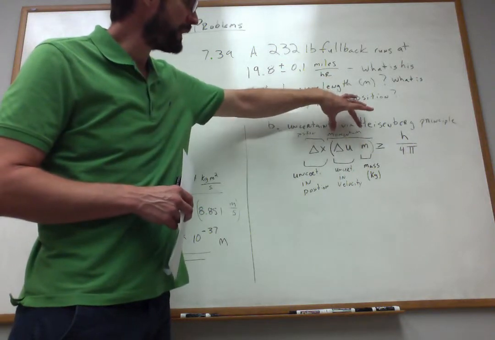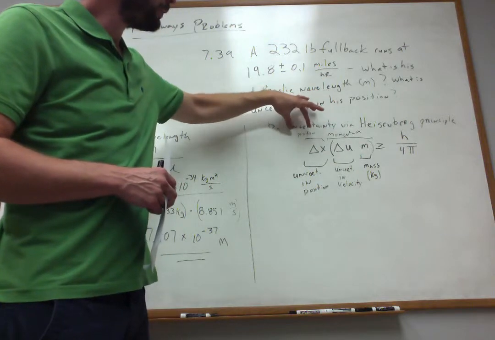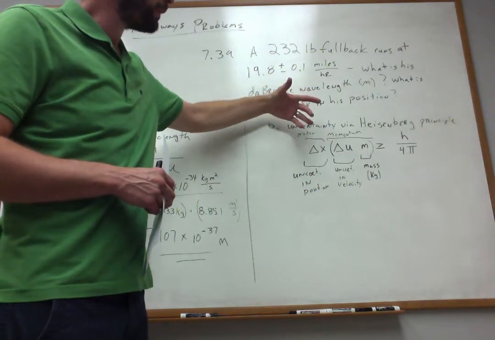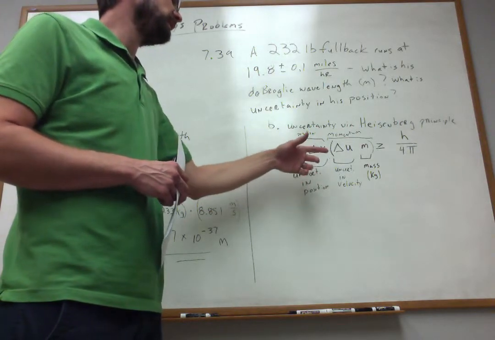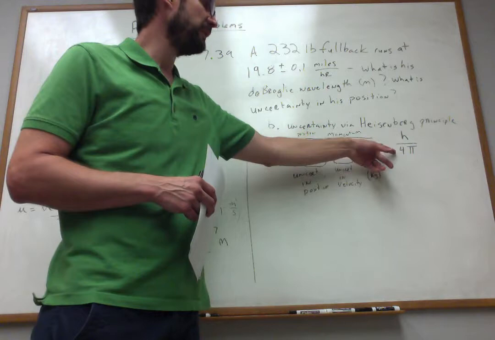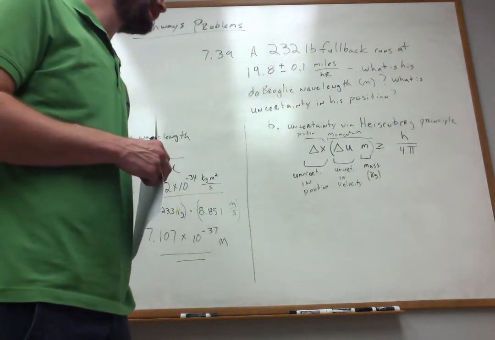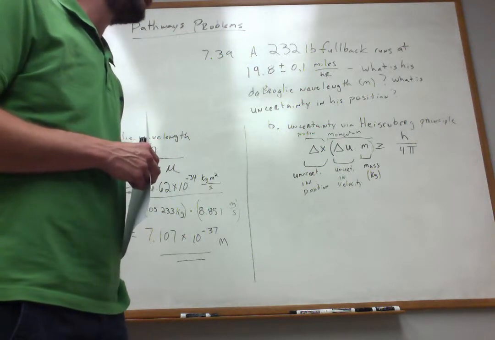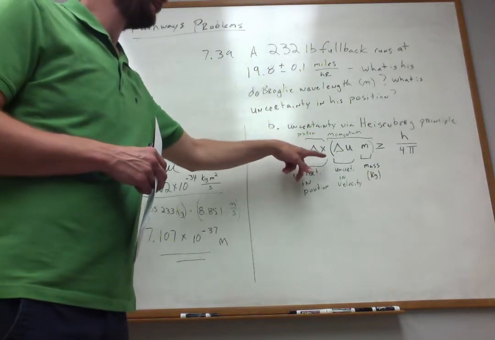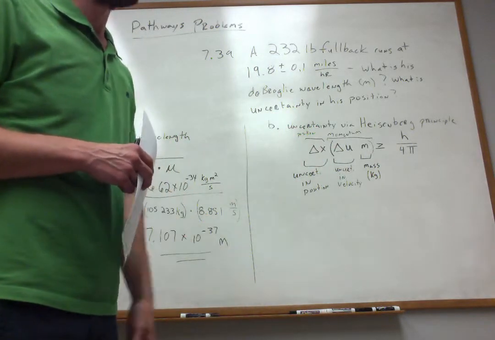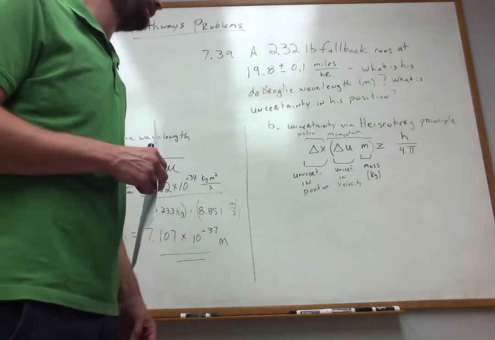If you take the product of the second one, the velocity times the mass, that is the uncertainty in our momentum, and this one is the uncertainty in the position of the particle. The principle says that the product of those two uncertainties has got to be greater than or equal to Planck's constant divided by 4 pi. Basically, that means we can't simultaneously know with a large degree of certainty where a particular particle is and know its momentum. And again, this is most important for particles that have a very, very small mass, okay?